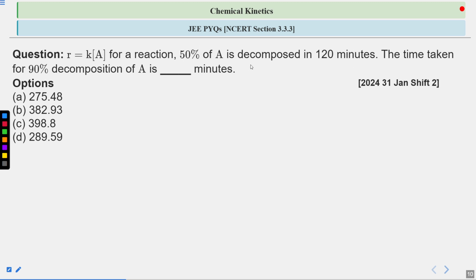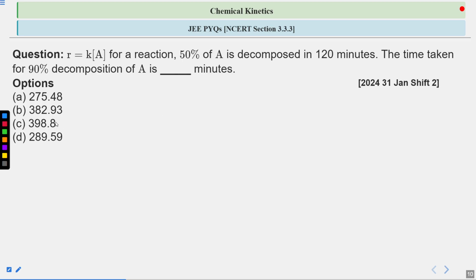So we are given that A, our reactant, is decomposing 50% in 120 minutes. The time taken for 90% decomposition of A is, in minutes, so you have to tell the time in minutes that A will take for its 90% decomposition. This question was in the 2024 JEE examinations.